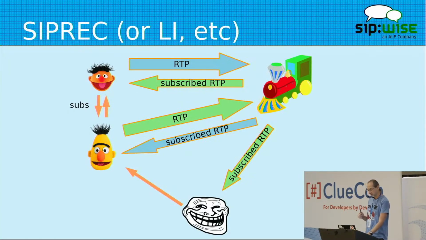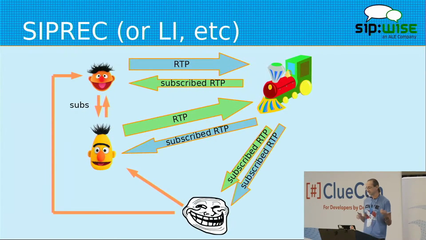And this is not limited to Siprec. You can use this for legal intercept or any kind of media forking scenario that you want. And you can, of course, have multiple subscriptions. This is what you do with Siprec. You receive a copy of every media stream, and you achieve this simply by adding more subscriptions.